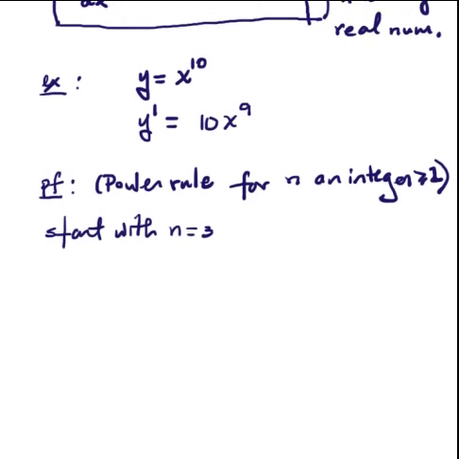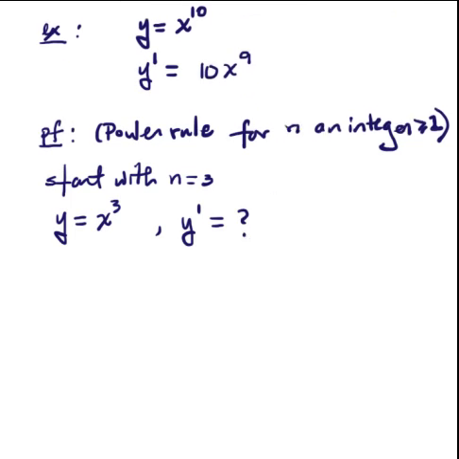All right, so let's suppose that we say y is equal to x cubed, and we want to know what y prime is. We're going to apply the limit definition, because that's all we have now, until we prove this little power rule.